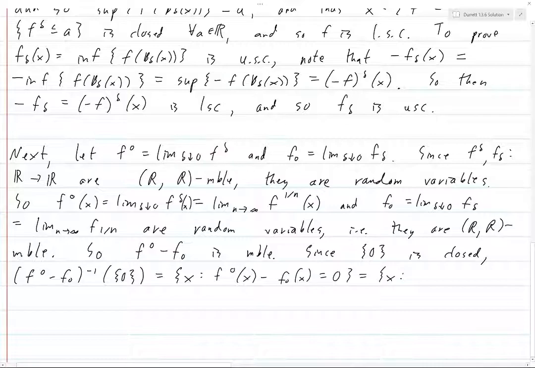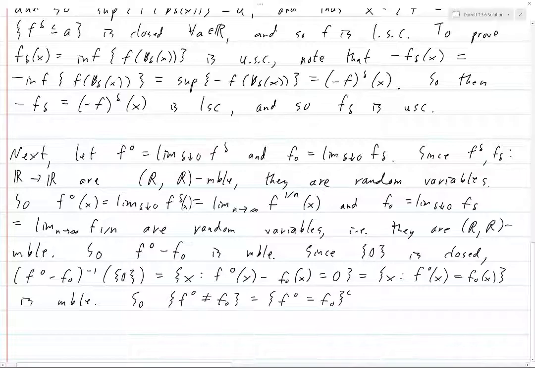And measurability is closed under complement. So if we look at the collection of points where f upper 0 is not equal to f lower 0, this is precisely equal to the complement of that set, and so this thing is measurable.